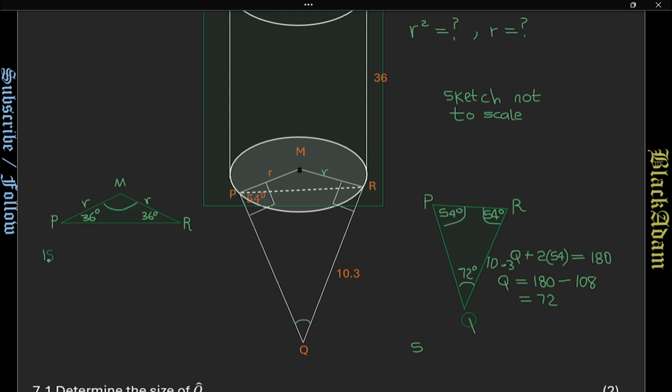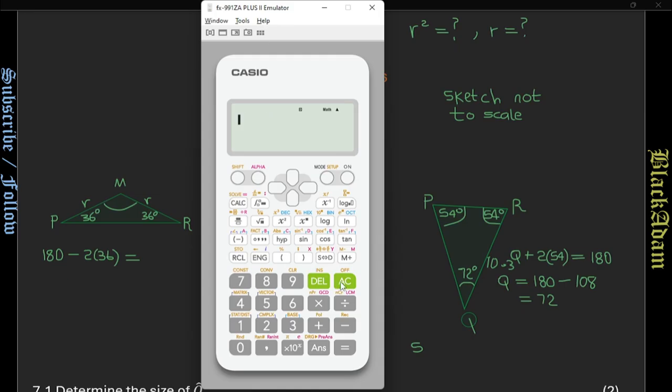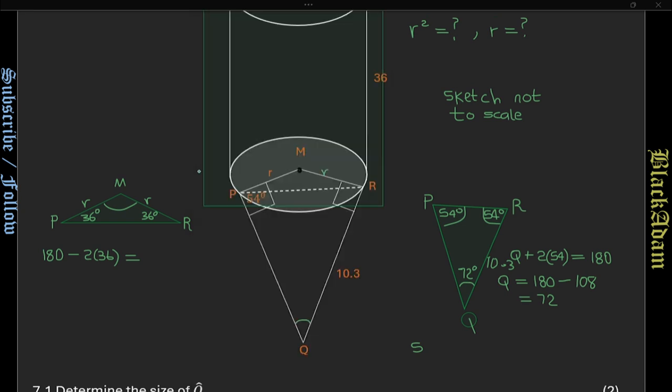Then we have 180 degrees minus 2 times 36 degrees to find M, so that's 180 minus 2 multiplied by 36, that gives us 108 degrees right there.